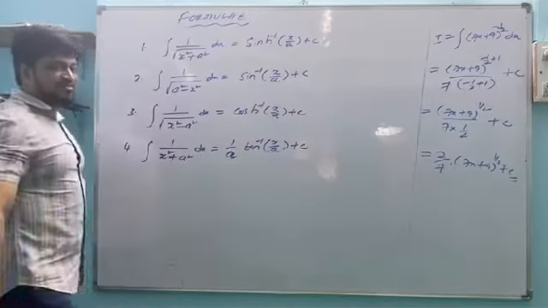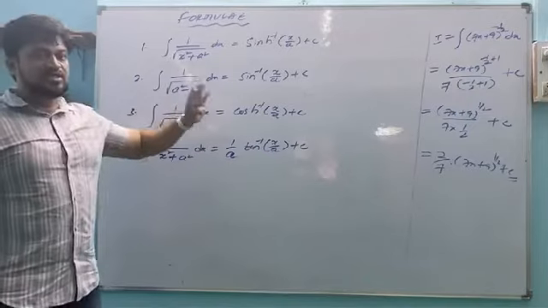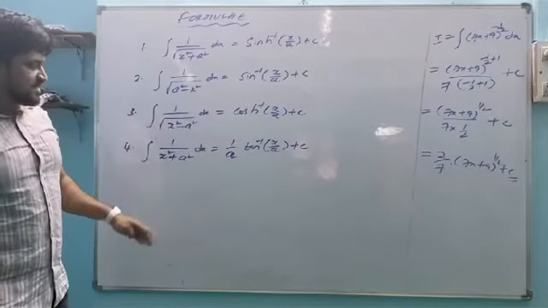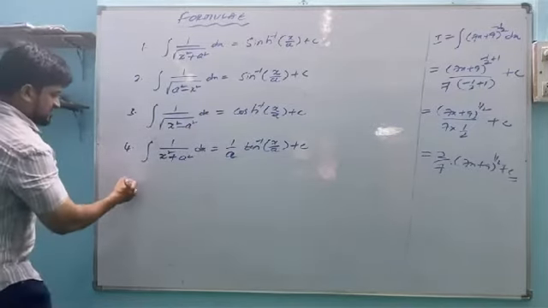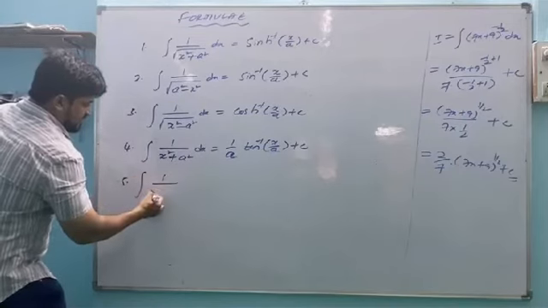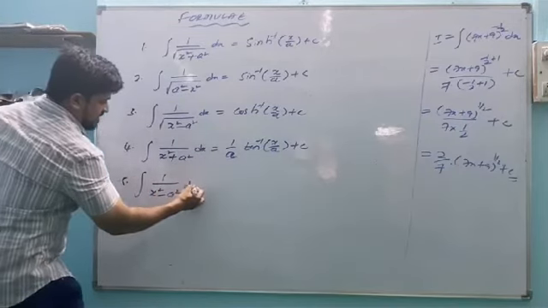All these formulas have derivations also. How we are getting this one, that will be discussed in the 4th exercise. Now you just have to learn the formulas by heart. 1 by x square minus a square dx.